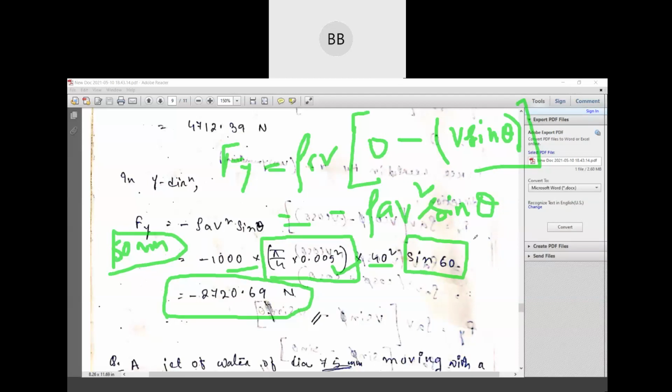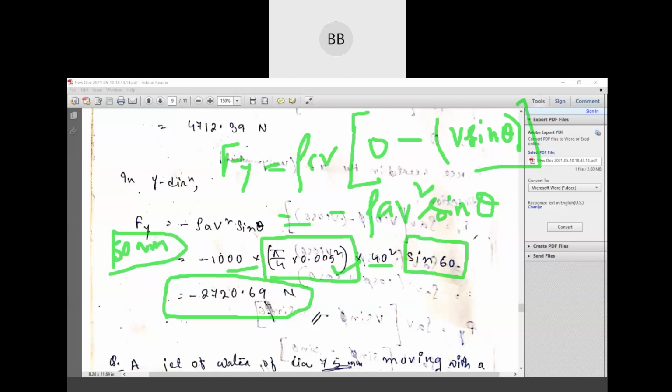When you use a calculator, because this 60 is in degree, it should be in degree mode. If your calculator is in radian mode and you type sin 60, your value will be wrong. So this 60 is in degree. Whenever you are solving this on a calculator, always put your degree mode on.